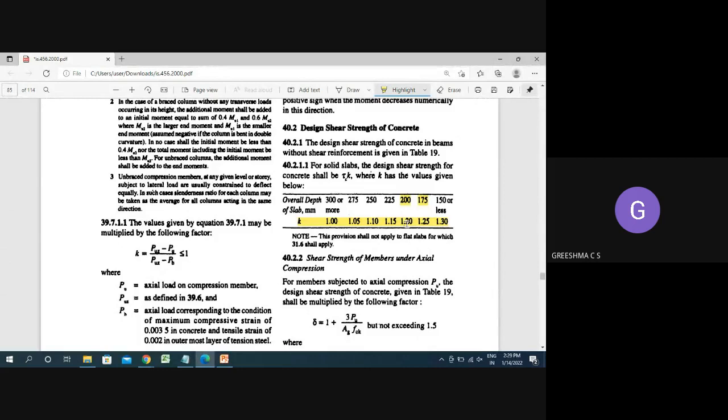So how much will you get? The value corresponding to 200 is 1.2, and the value for 175 is 1.25. From this you have to interpolate and find the K value.